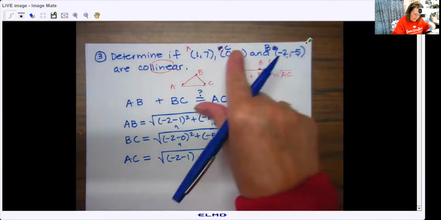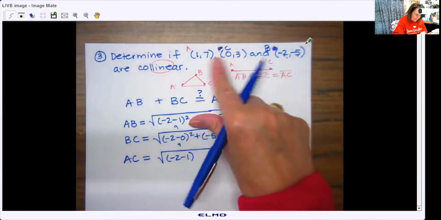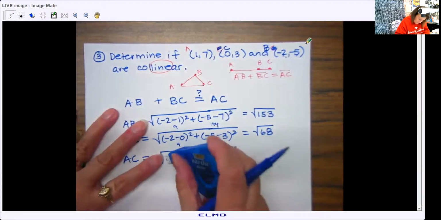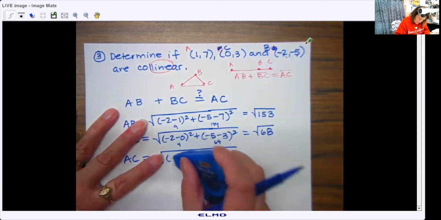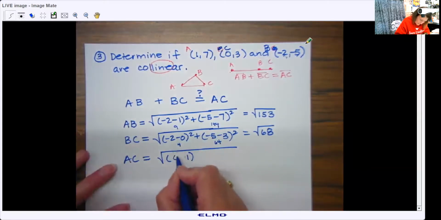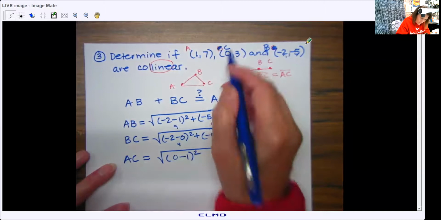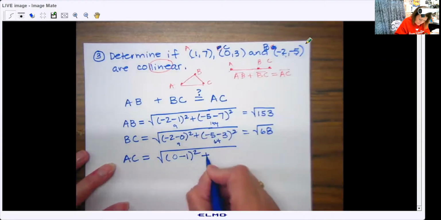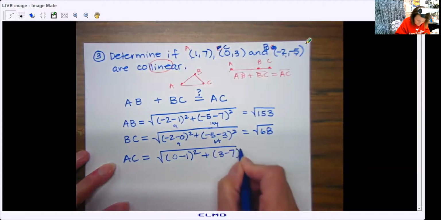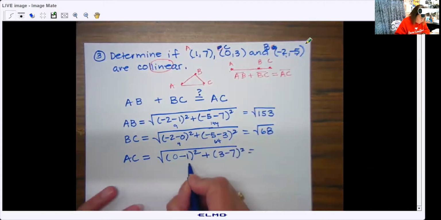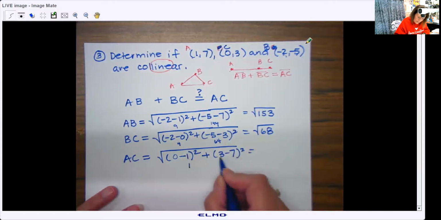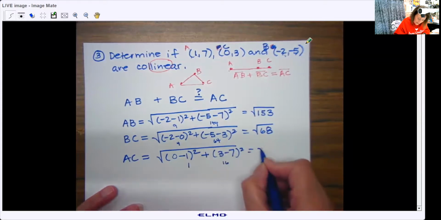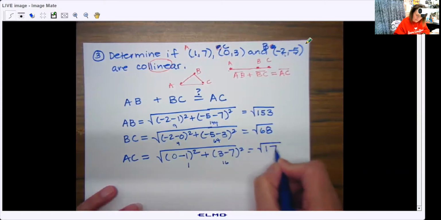A and C are right here. 0 minus 1, sorry about that. Pay attention here. 0 minus 1 squared and 3 minus 7 squared. So that's 1, and 4 squared is 16. So it looks like the square root of 17.